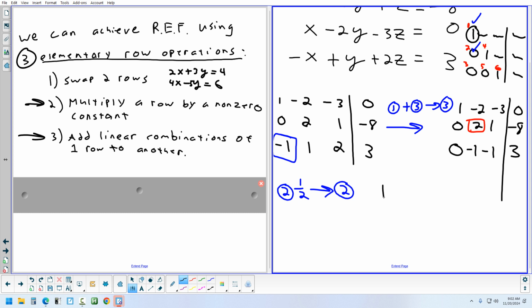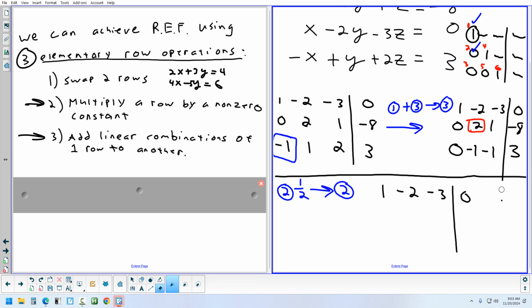So 1, -2, -3, 0. You can put a line there if you want to separate it. All right, and row 3 is not going to change: 0, -1, -1, 3.